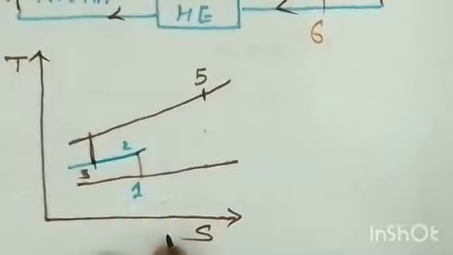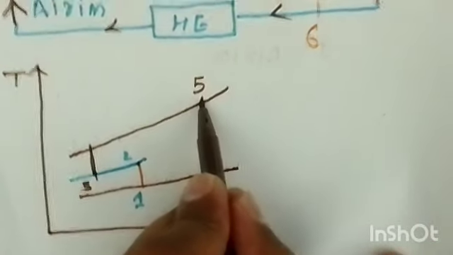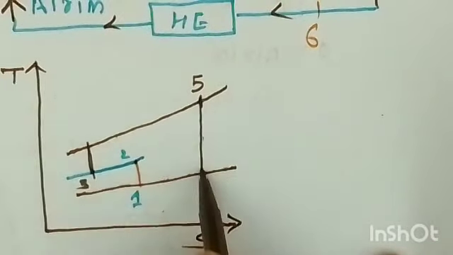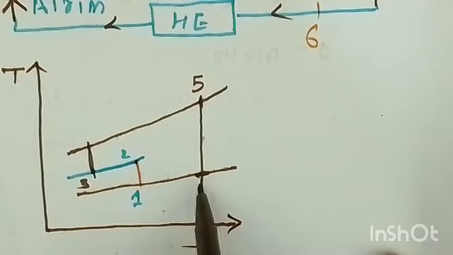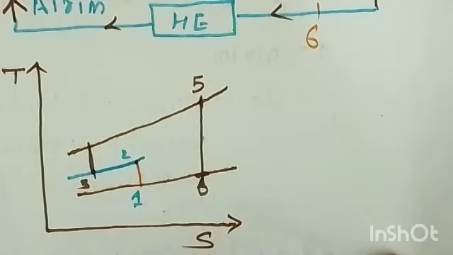and 5 to 6 is your expansion till here only, right? So this is 5 to 6.